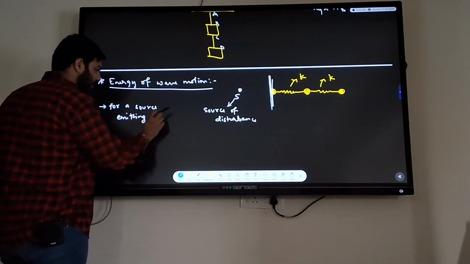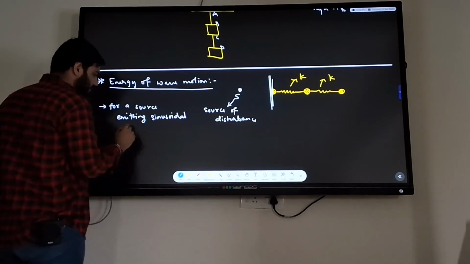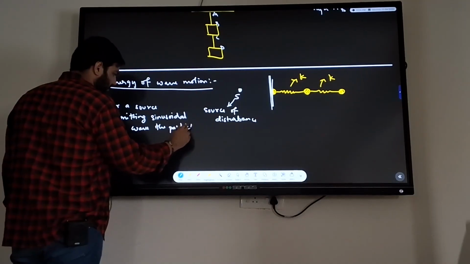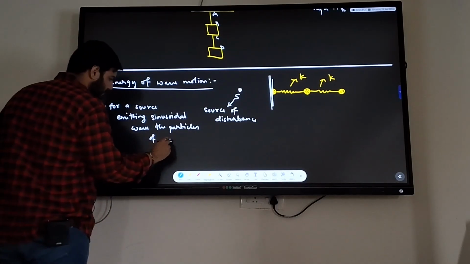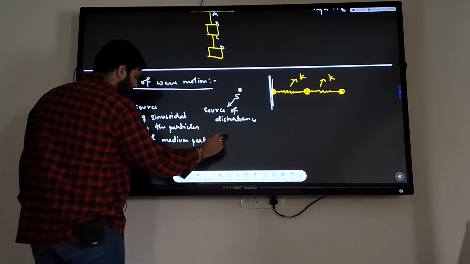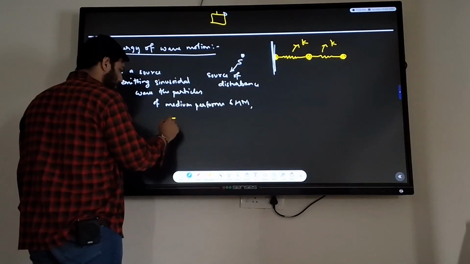So for a source emitting a sinusoidal wave, the particles of the medium perform SHM. Then what is the total energy of the particle?